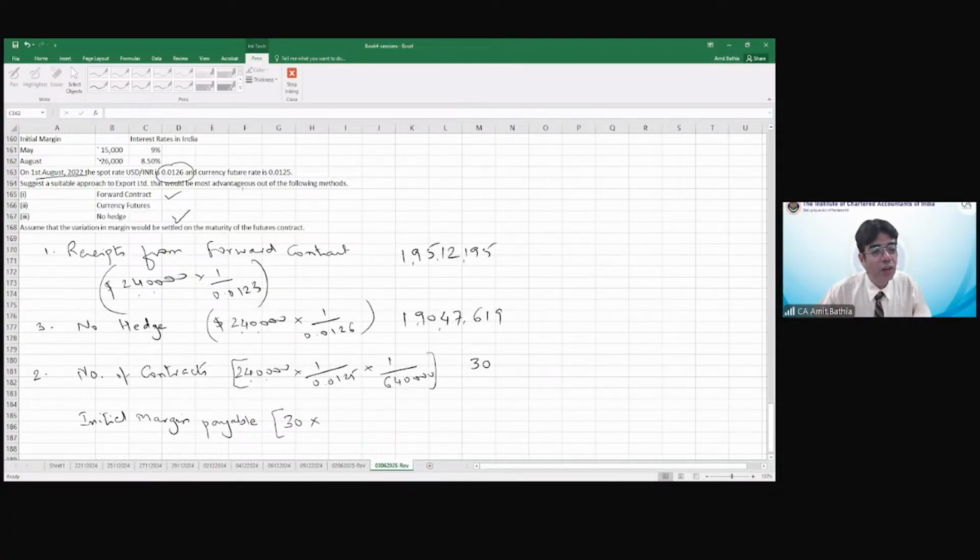Because I am going to buy a contract for 3 months, and my due date is 1st August, I will have to pay as per 26,000. So I am paying out 26,000 per contract. That means I'm paying out 7,80,000.